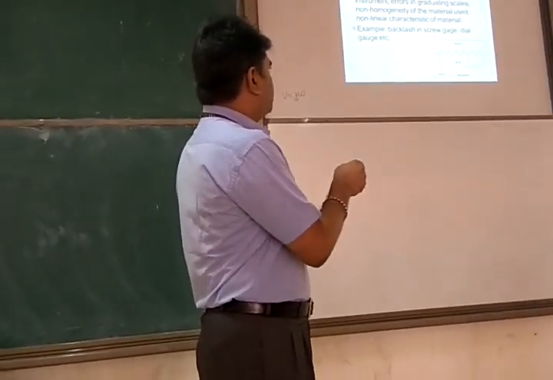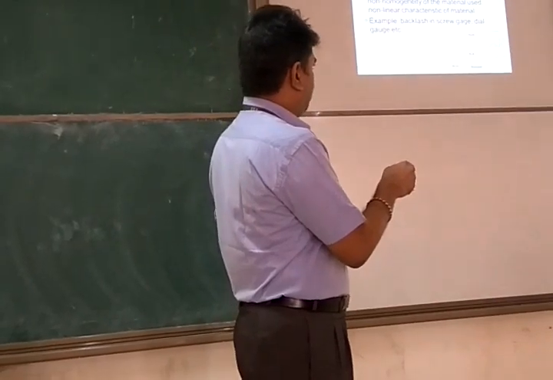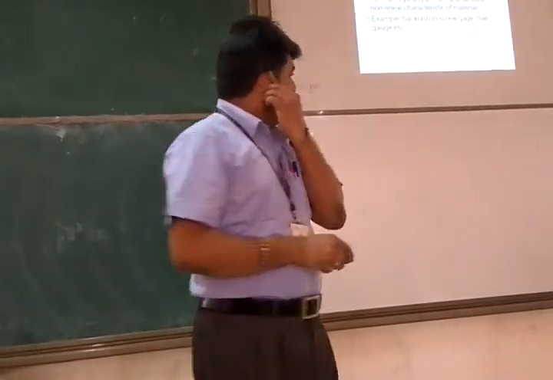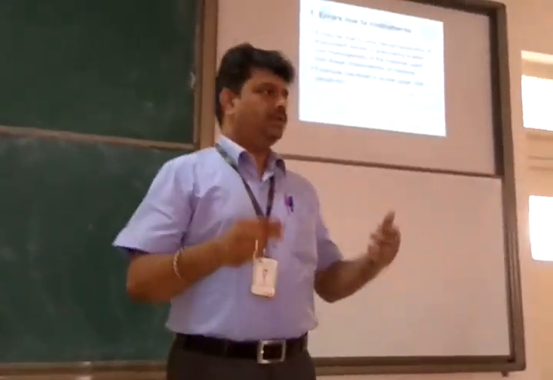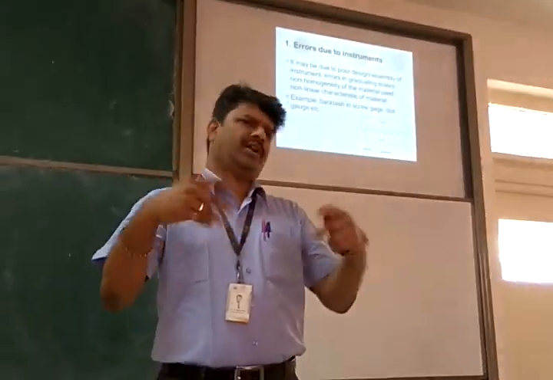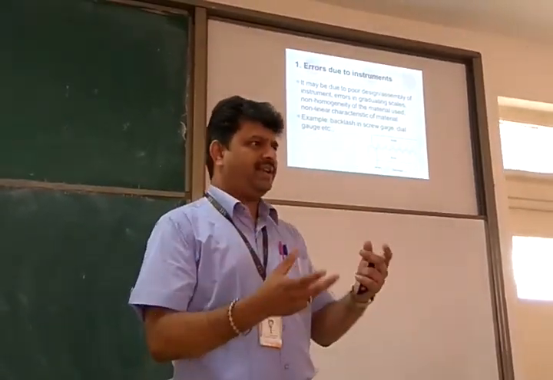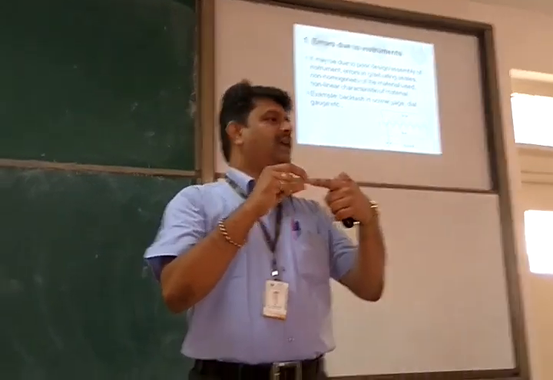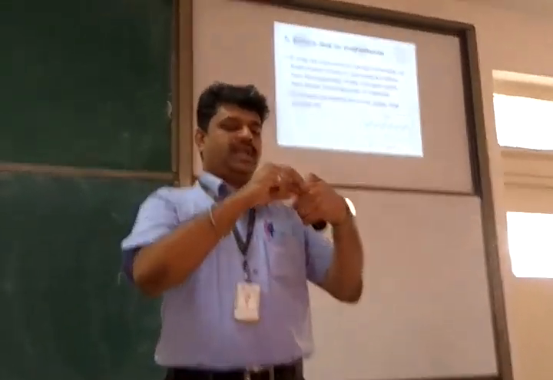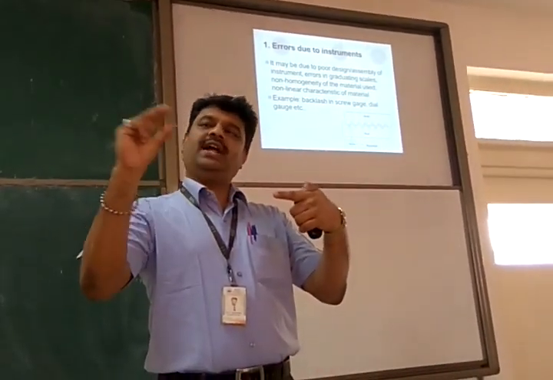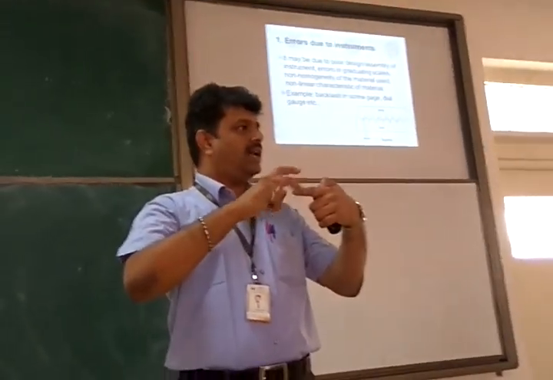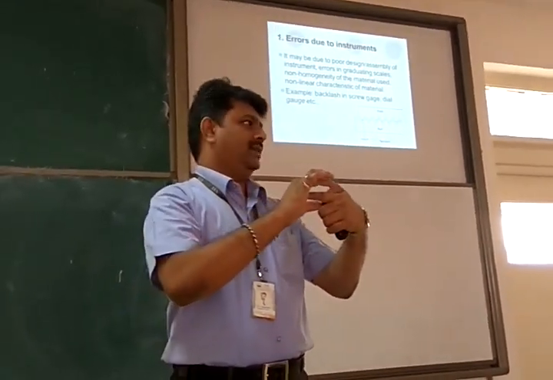A typical example is backlash in the screw gauge or dial gauge. The backlash is something like this. You know what is meant by backlash? You take a screw gauge, or if you don't know a screw gauge, you simply take a screw, bolt and nut arrangement. You keep the bolt and take the nut, you rotate it in one direction. The nut keeps on moving, isn't it?